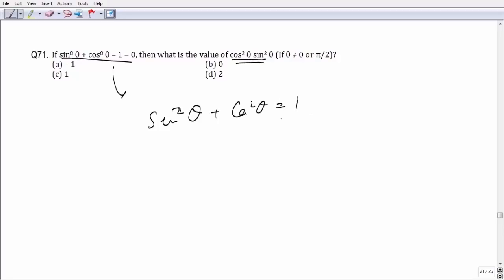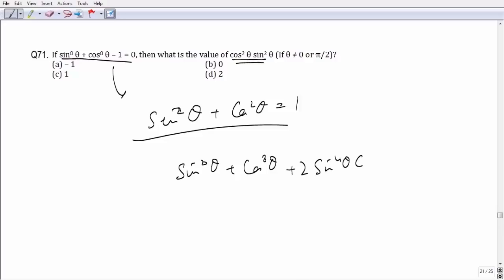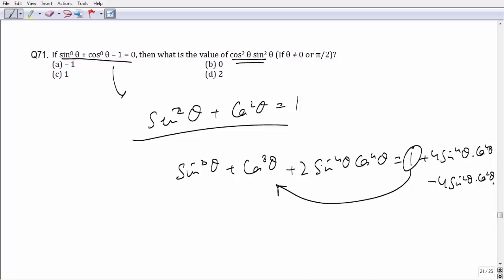So after double squaring the whole equation, we'll get a final equation as sine 8 theta plus cos 8 theta plus 2 sine 4 theta into cos 4 theta equals 1 plus 4 sine 4 theta into cos 4 theta minus 4 sine square theta into cos square theta.